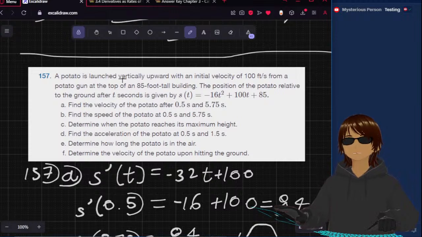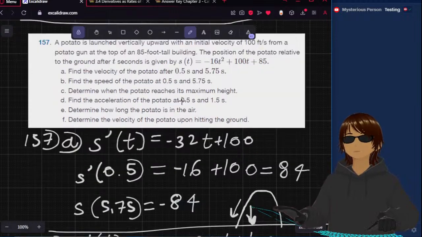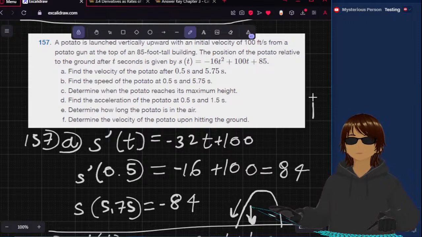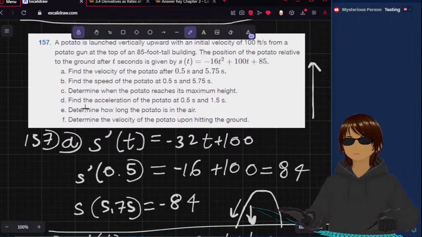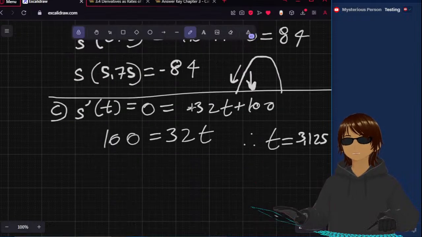A potato is launched vertically upwards. It doesn't go like this, it goes straight up with an initial velocity of 100 feet per second from a potato gun. Find the acceleration of the potato at 0.5 and 1.5.